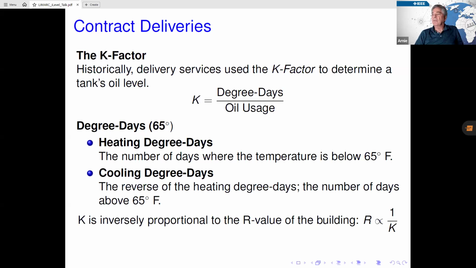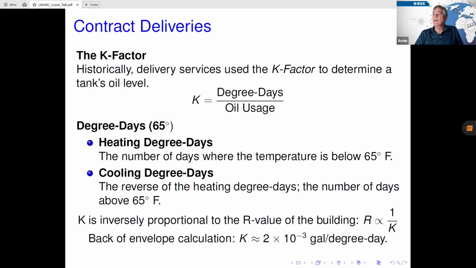As I mentioned, it's roughly proportional to the K factor, inversely proportional to the R value of the insulation of your building. If you're in the oil delivery service, what does the K factor actually mean to you in terms of gallons that you have to deliver? It's about 2 milligallons per degree day.